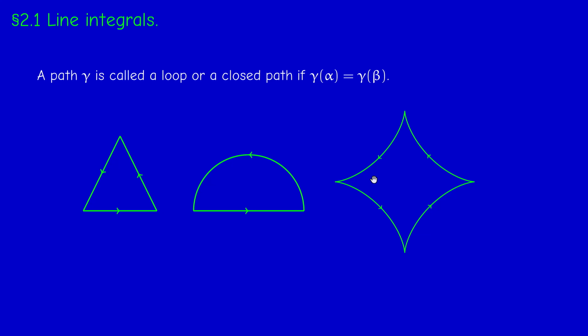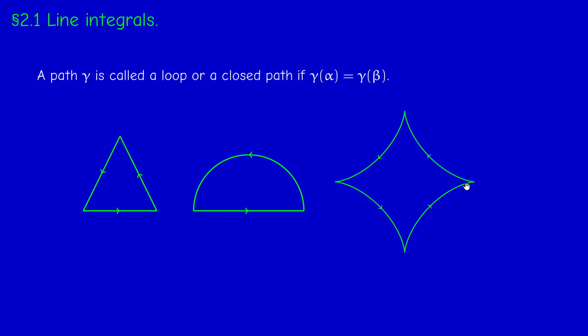So in geometry, these shapes are not considered to be one-dimensional manifolds, but in this course they are perfectly acceptable. According to our definition, actually this asteroid is even C1 and C infinity.